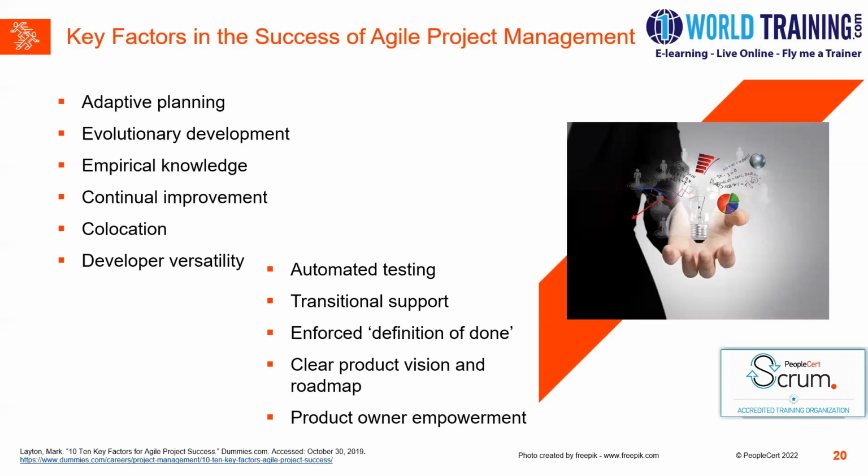Product owner empowerment enables the team to take actions, and since the team is closest on the ground for handling those user stories or scenarios, it is important that the empowerment is there with the team, and it is the responsibility of the product owner to ensure the team is empowered for carrying out these tasks. So these are the 10 key factors for the Agile project to be successful.